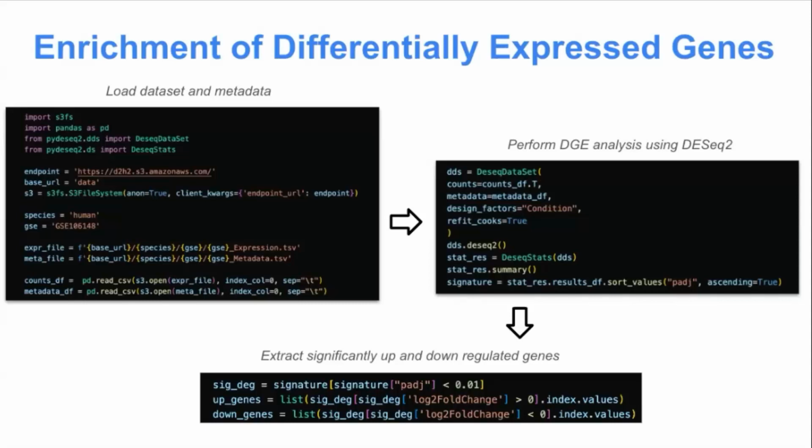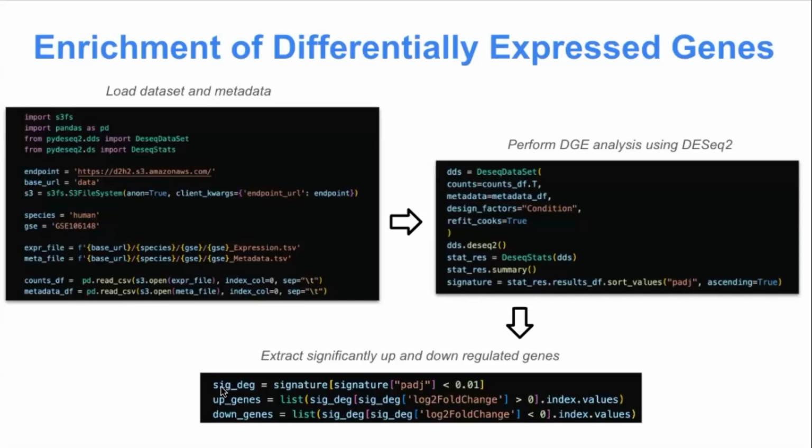After we perform this analysis, in order to get significantly differentially expressed genes, we would use an adjusted p-value criterion of it being less than 0.01.